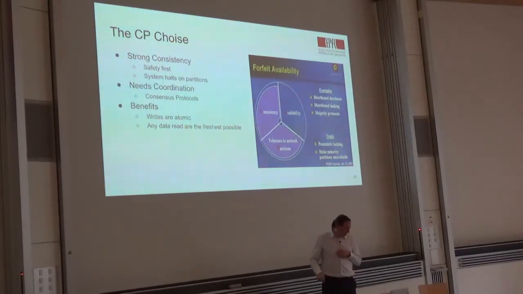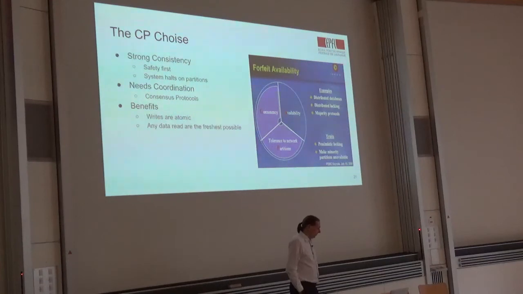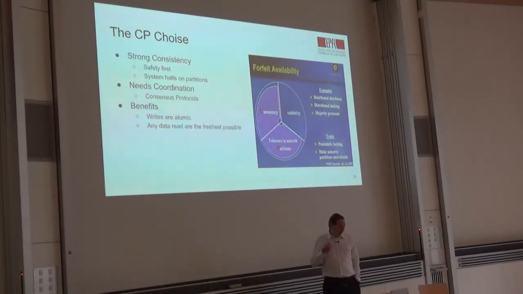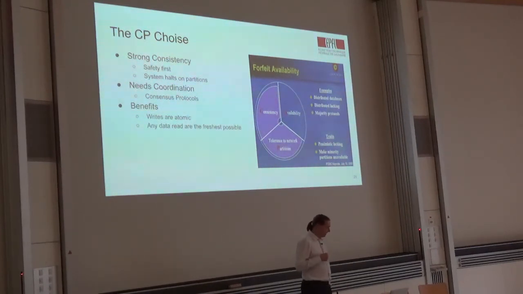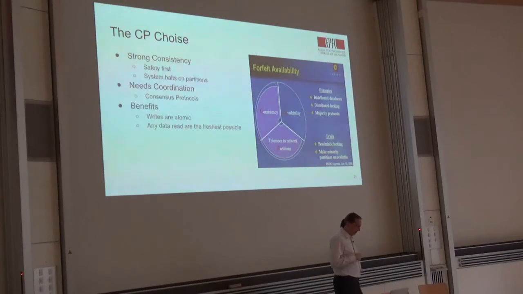Yeah, but obviously there are applications for which that isn't such a good choice, and so the CP choice, the choice where we insist on strong consistency and partition tolerance, but as a cost of achieving that, we're willing to give up availability, some amount, right?